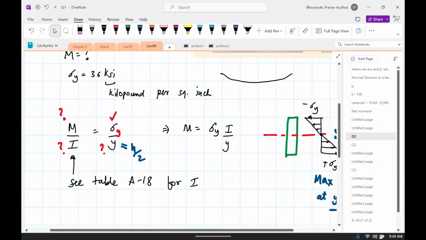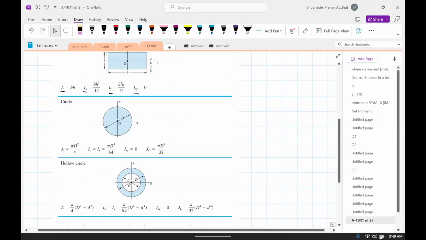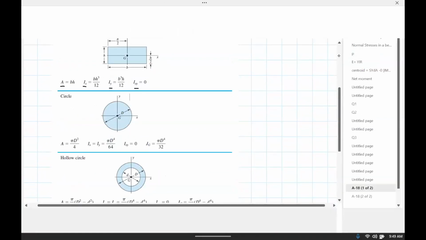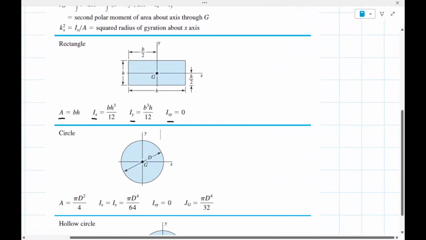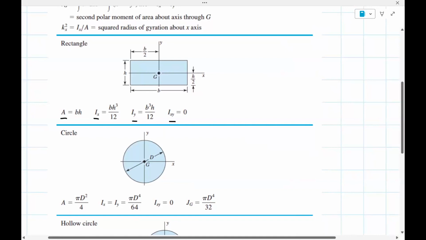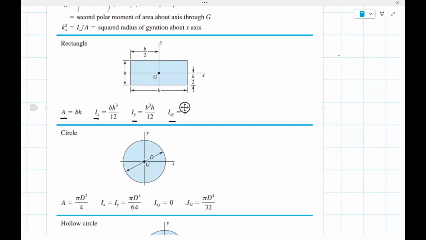Okay, so I completely forgot. So we need to compute the moment of inertia of a rectangle, right? So for this, we want inertia about x-axis. So we remember we call this h, we call this b. So we want Ix. Ix is b h cube divided by 12. b being the axis along x, and h being the perpendicular to the x-axis.